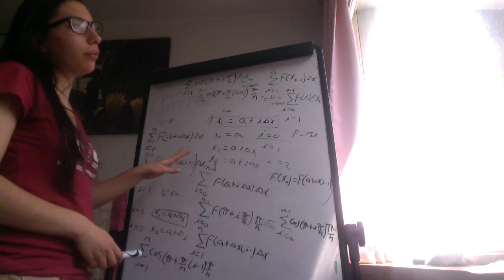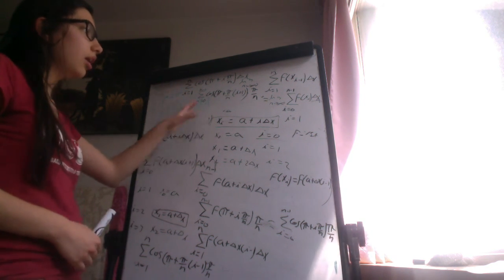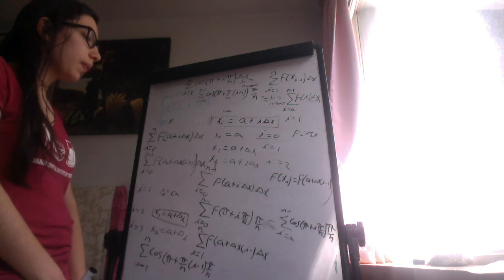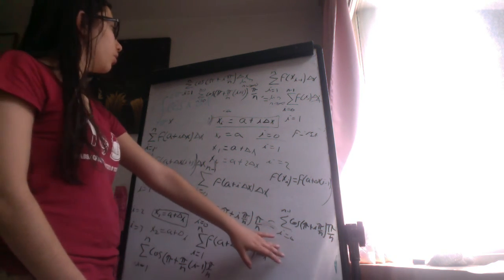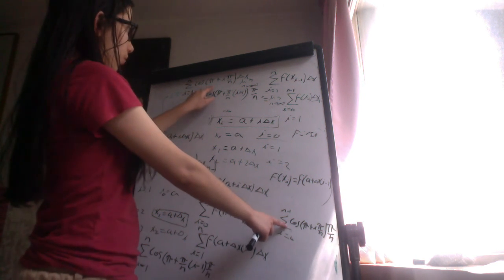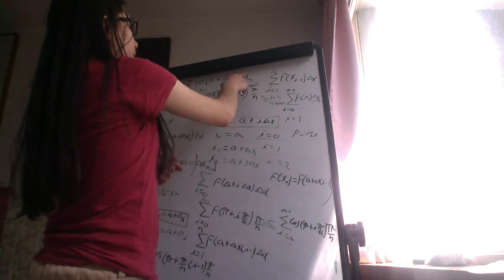We have four ways of writing this definite integral, two right Riemann sums and two left Riemann sums. Look, this one looks very similar to this one. We have the summation of cosine of pi plus i pi over n times pi over n.